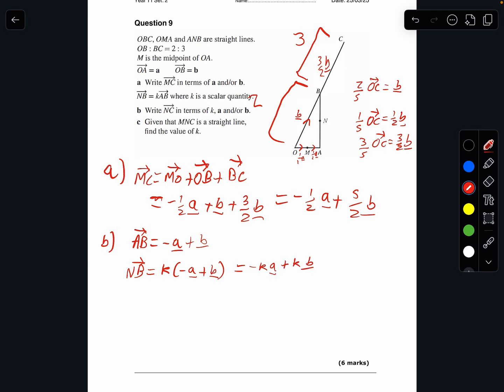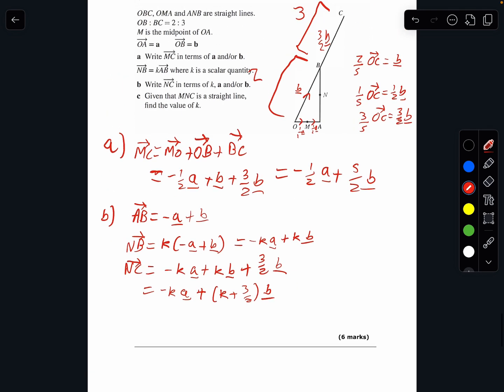So then N to C is going to be this thing, minus KA plus KB. That's taking me up to B. I now need to get from B to C, plus 3/2B. Okay, I like grouping my things together, so that's going to be minus KA plus (K plus 3/2)B. And I've kind of factorized out the B just from the right hand side.